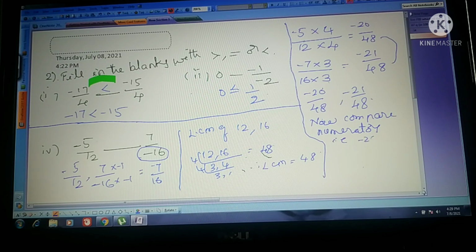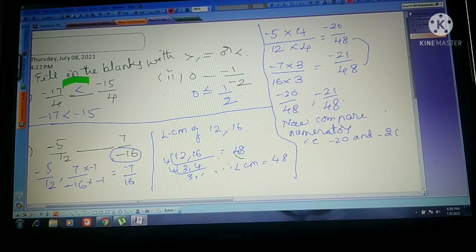That is minus 20, and among these two, which is the greater one here? So minus 20 is greater than minus 21. Therefore minus 20 belongs to which fraction here? Minus 5 by 12. So minus 5 by 12 is greater rational number.